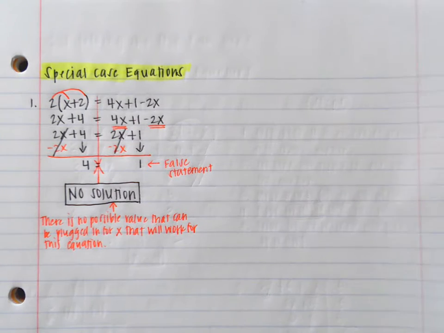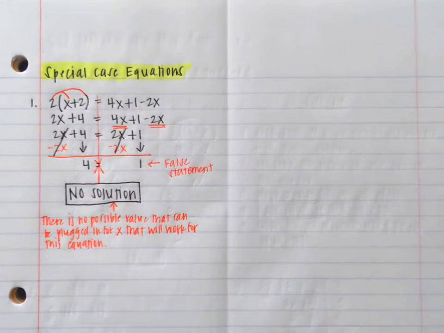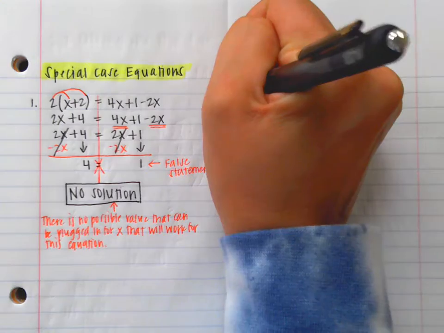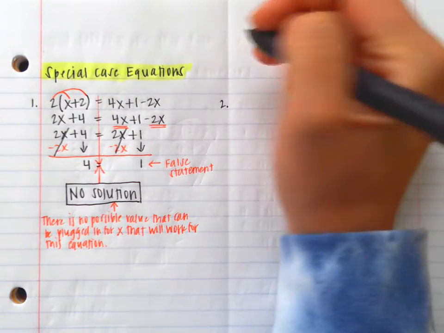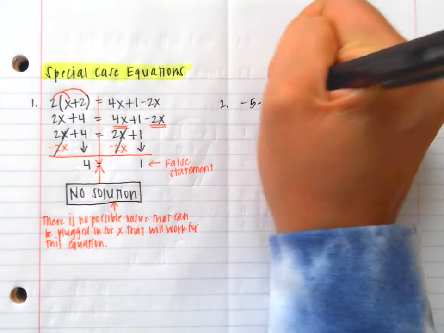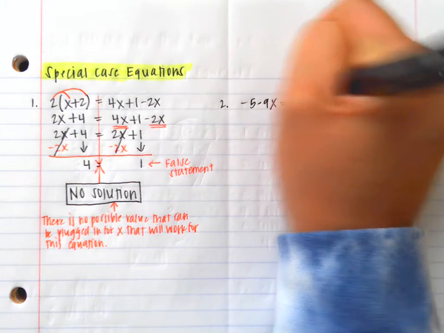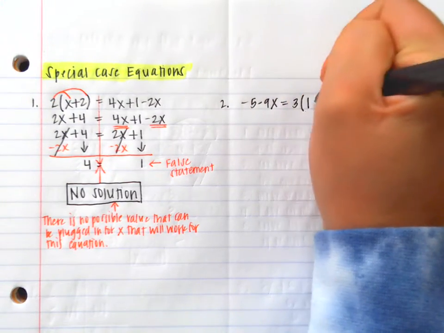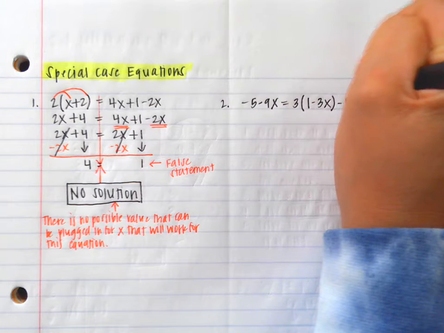Okay, let's look at a second type of example, and then we are going to review what we're seeing. So let's look at another example. If I gave you negative 5 minus 9x equals 3 times 1 minus 3x minus 8.